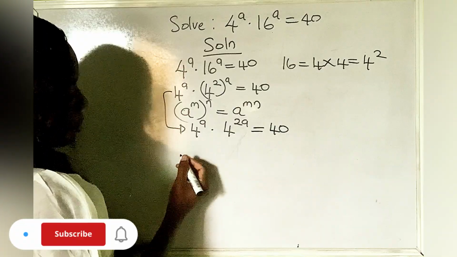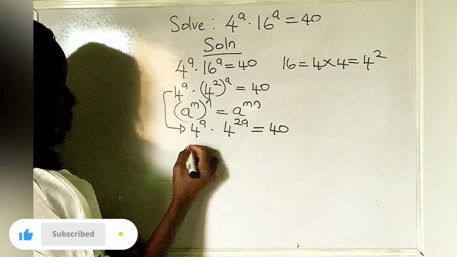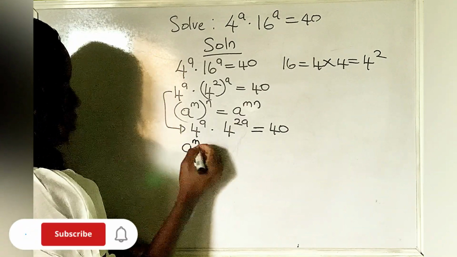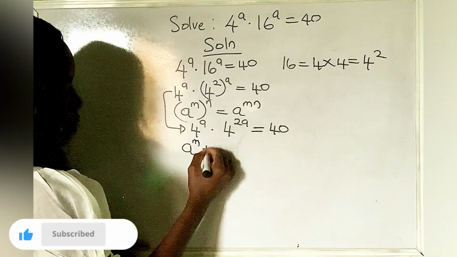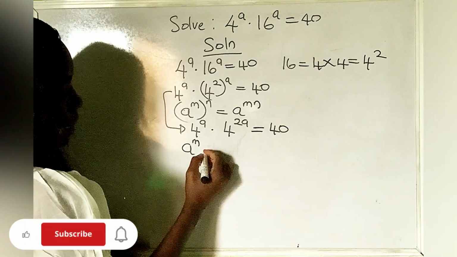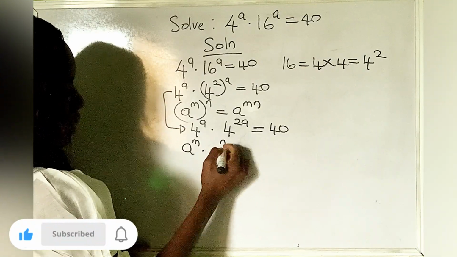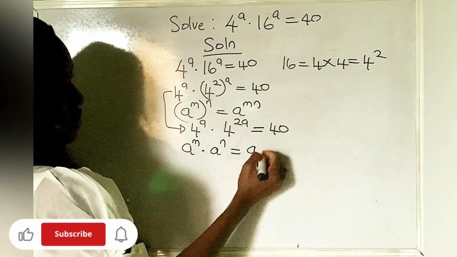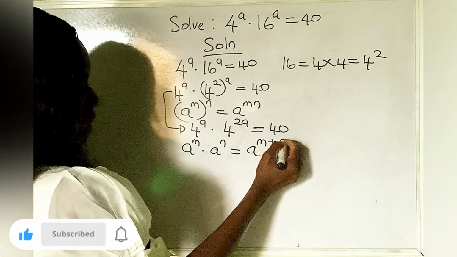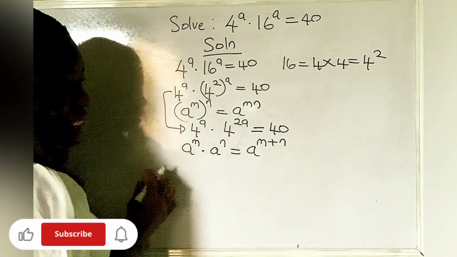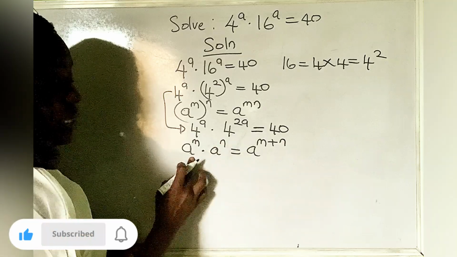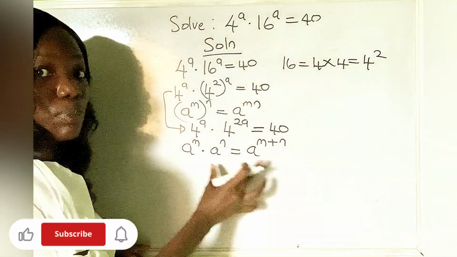Okay, now another rule: when you have a raised to power m multiplied by a raised to power n, where the bases are the same, it is the same thing as a raised to power m plus n. When the bases are the same, you can add the powers up.